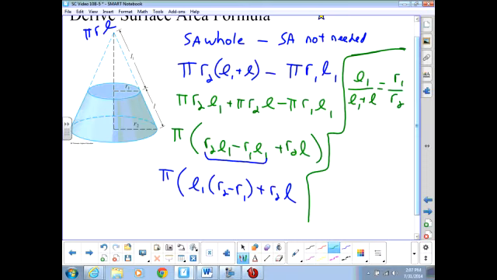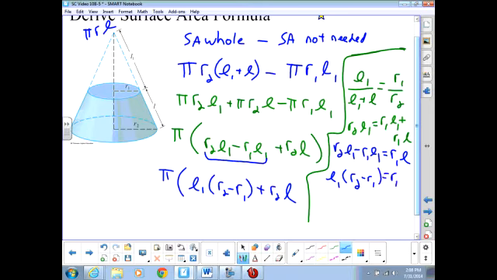When we cross multiply, we get R2 L1, and when we distribute the R1, we get R1 L1 plus R1 L. We're going to get the L1s on one side together, so we'll subtract the R1 L1 over, and that'll give us R2 L1 minus R1 L1 equals R1 L. Pull out the L1, and we've got L1 times R2 minus R1 equals R1 L.